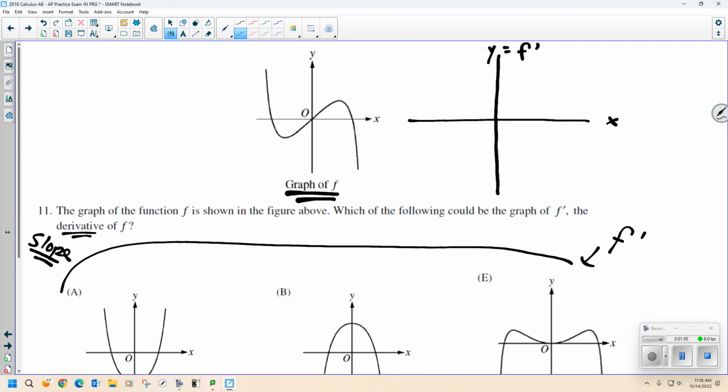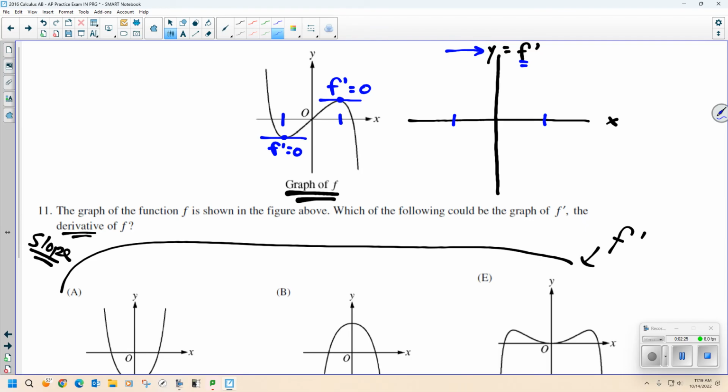The first thing I'm going to do is see on my original graph, where do I have a slope of 0? At this point my derivative is 0, and at this point my derivative is 0. So this x value and this x value, I don't know where they are exactly, but it looks like it's probably right here and right here. Remember, my derivative is what the y value is.